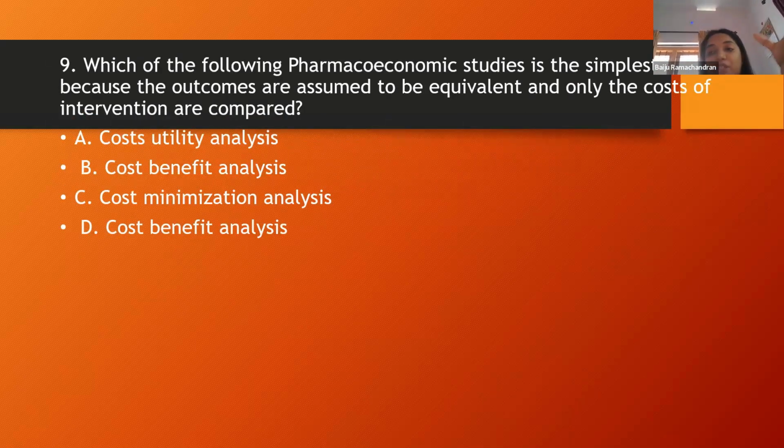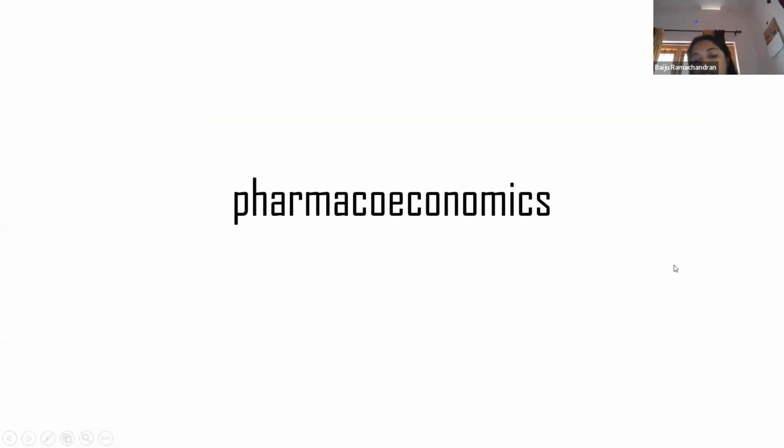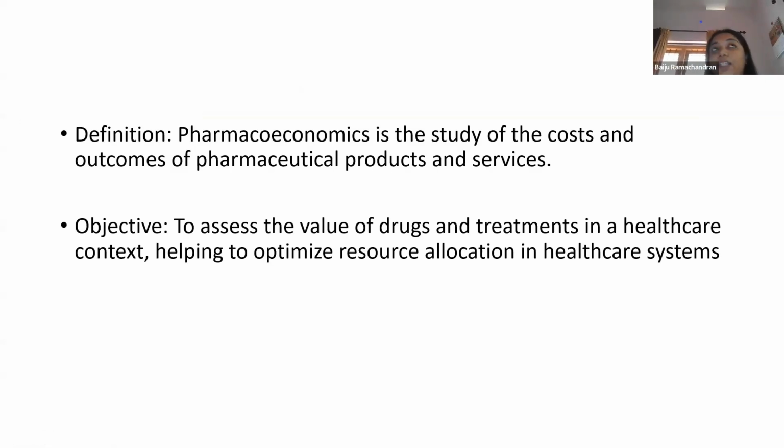Okay, now there are some questions related to pharmacoeconomics. Before that, we will get to know what we mean by pharmacoeconomics. Pharmacoeconomics is defined as the study of cost and outcome. In a pharmaceutical product or service, the most important factor is the cost, because it is expensive, right?